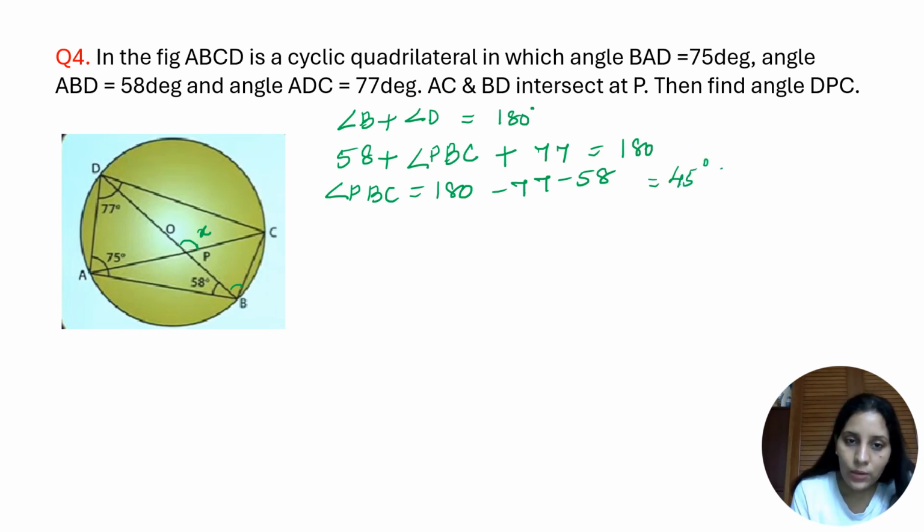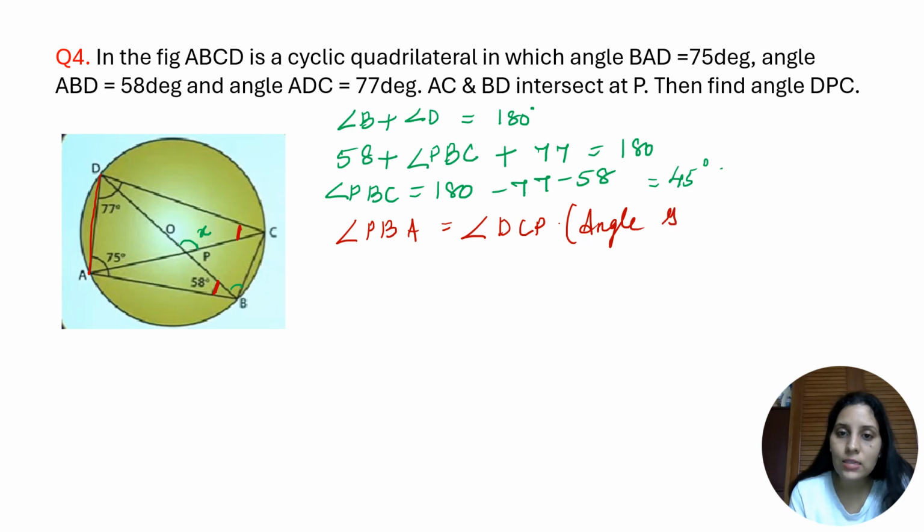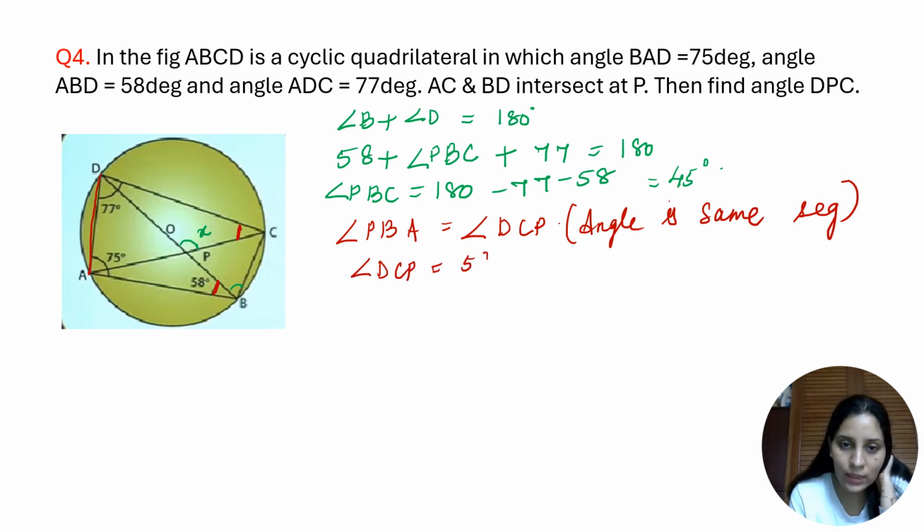Now, do we have any relation between PBA and DCP? This angle and this angle. See, these two angles are formed using the same chord DA. So they are equal, since angles in the same segment are formed using the same chord. So from this I get DCP is equal to 58 degrees. Now what else can be calculated?